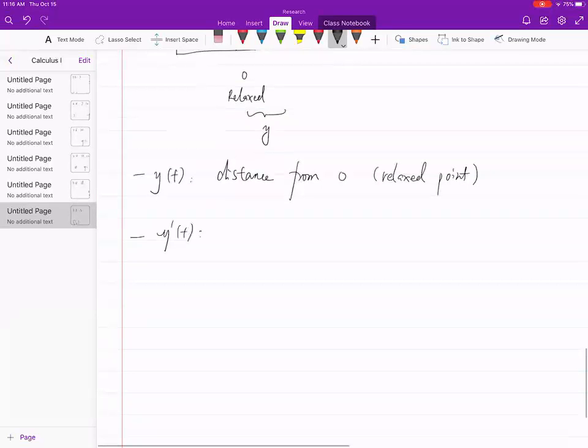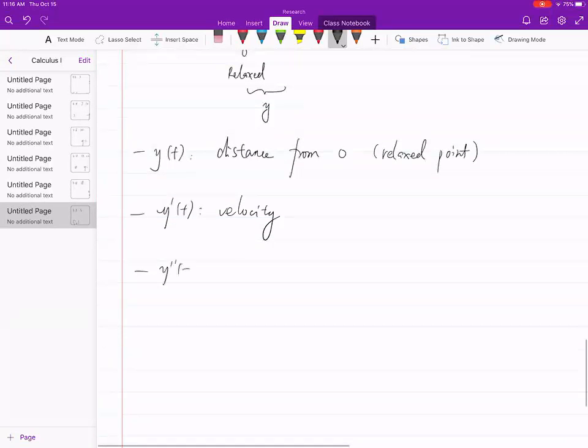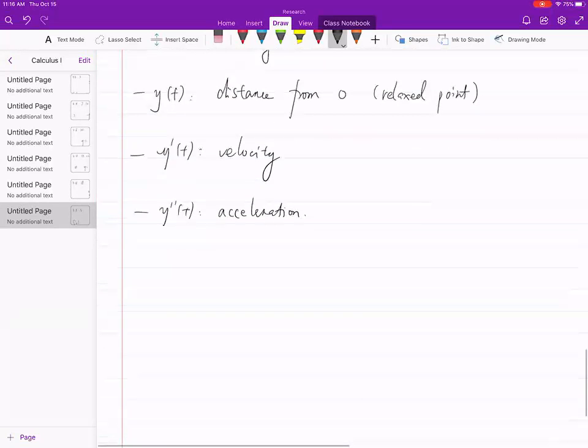y prime of t, what is the changing rate of the distance? Velocity. And what is y double prime of t? Acceleration. I don't know how to set up an equation with the distance, but I do know how to set up an equation with acceleration, right? That's F equals ma.